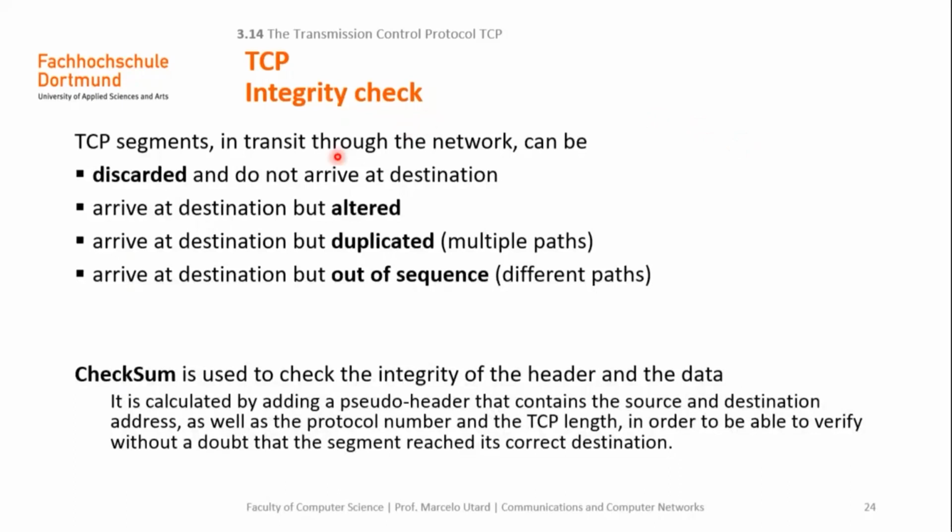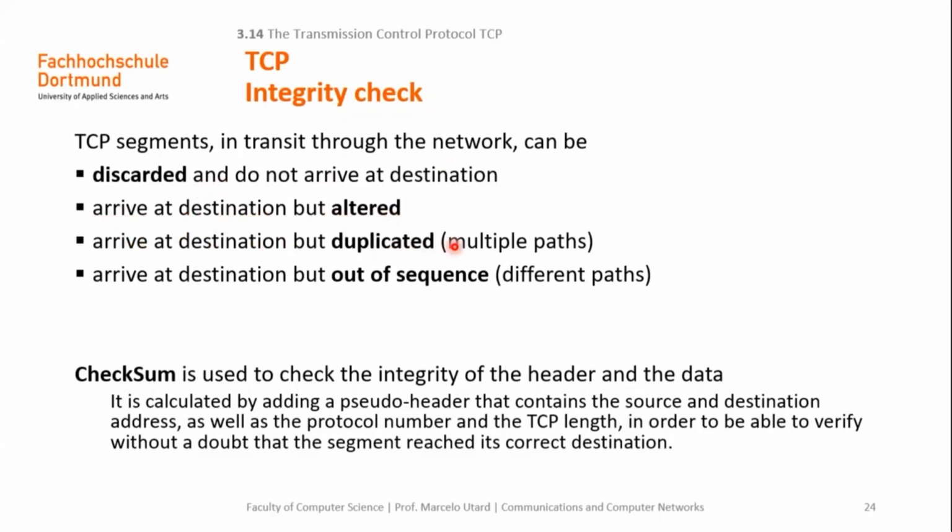Remember, TCP segments in transit through the IP network can be discarded and not arrive at destination, can arrive at destination but altered, that is with an error, or arrive at destination but duplicated, for instance if they are propagated across multiple paths, not only one path.